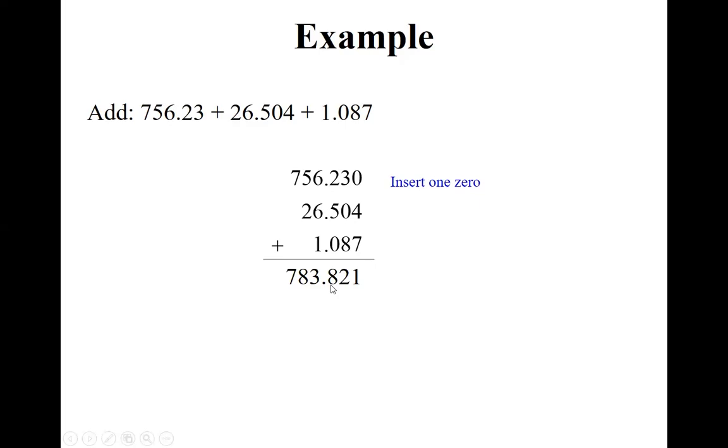Decimal point lines up with the decimal point in the problems. 6 plus 6 is 12, plus 1 is 13. Put down the 3, carry the 1. 1 plus 5 is 6, plus 2 is 8. And then 7 is just 7. 783.821. 783 and 821 thousandths.